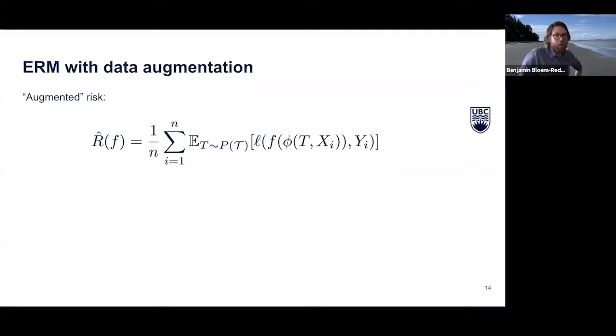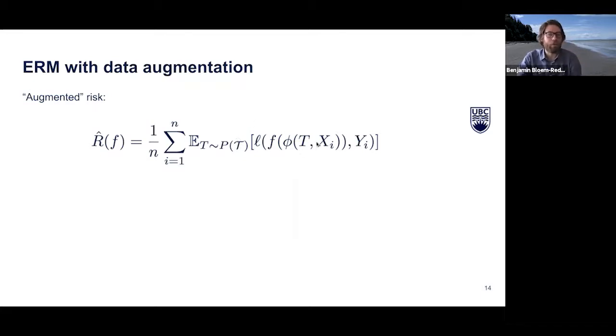If we think about the empirical risk and doing, say, empirical risk minimization with data augmentation, we can write our empirical risk of, say, a classifier f as follows. We have our loss function, which typically looks at our predictor f, or a classifier f, evaluated on some input data, and compares it to, say, the label. Data augmentation, if we were to do this exactly, averages with respect to some distribution of transformations.